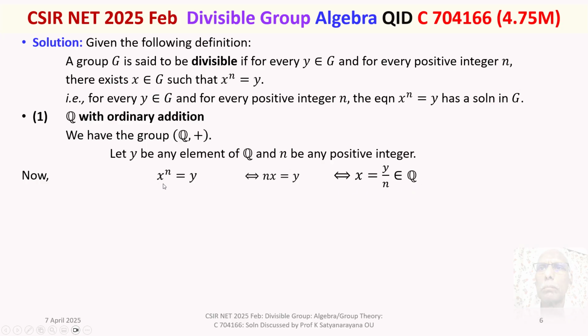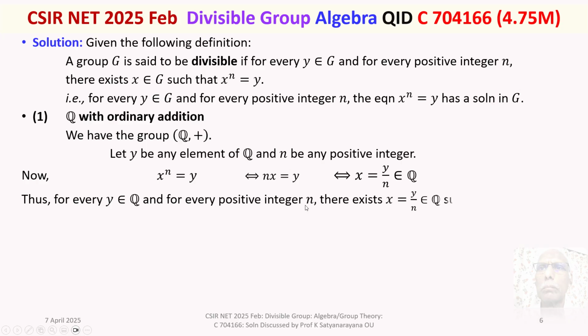So x power n is equal to y has a solution x is equal to y by n in Q. These steps can be retraced back. That is, x power n is equal to y implies and is implied by nx is equal to y, which implies and is implied by x is equal to y by n belongs to Q. Thus, for every y belongs to Q and for every positive integer n, there exists an element x is equal to y by n belongs to Q such that x power n is equal to y.